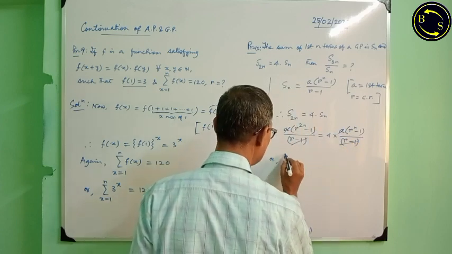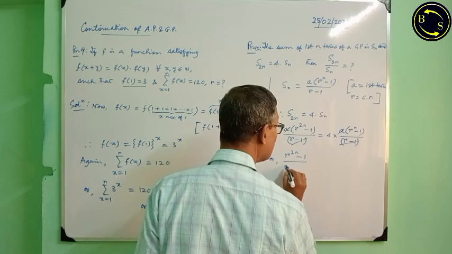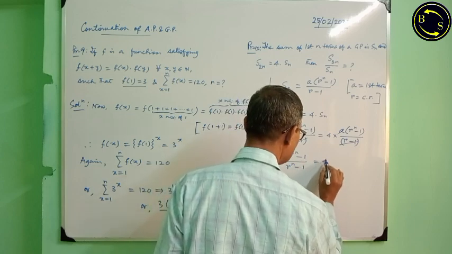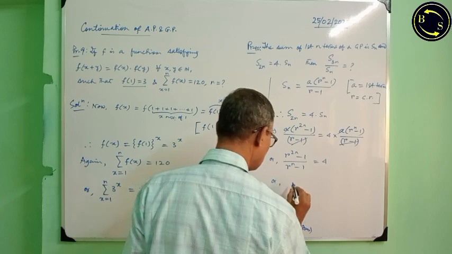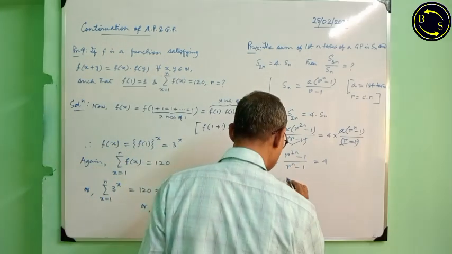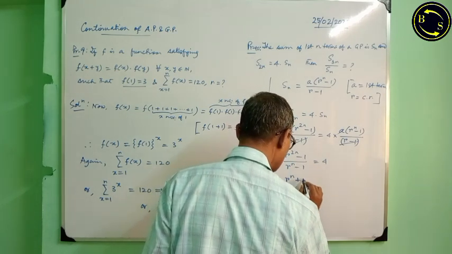Or (r to the power 2n minus 1) by (r to the power n minus 1) is equal to 4, and r to the power 2n minus 1 is of the form a square minus b square.